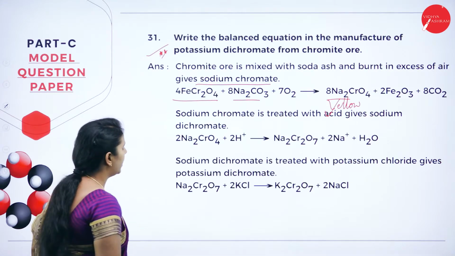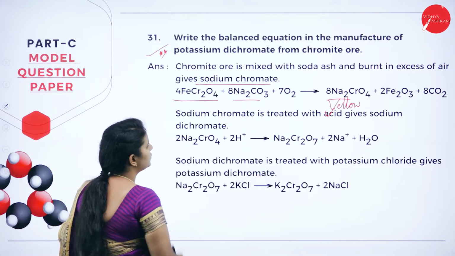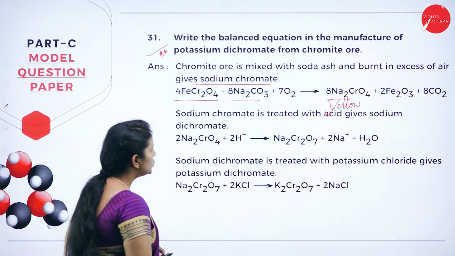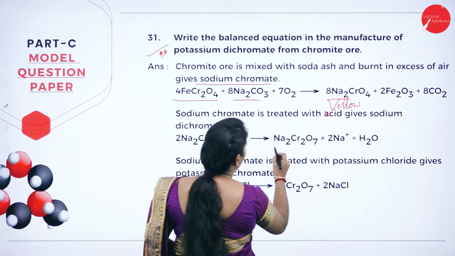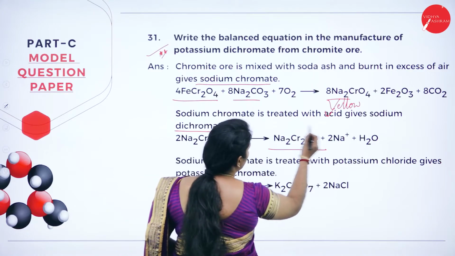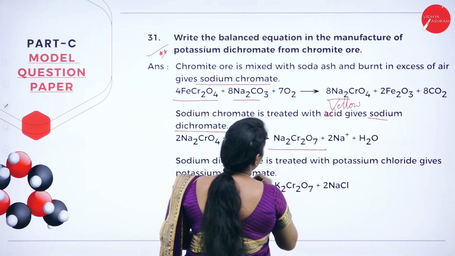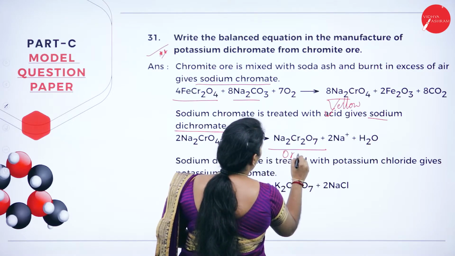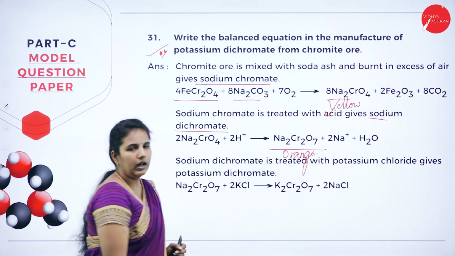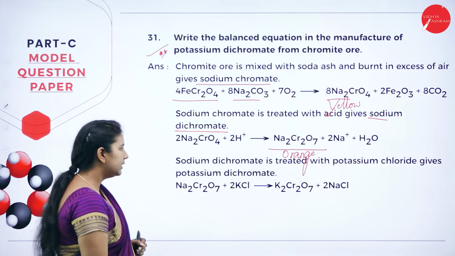In the second step, this yellow mass will be washed with water and later it will be treated with a suitable acid to form sodium dichromate, which is orange in color.